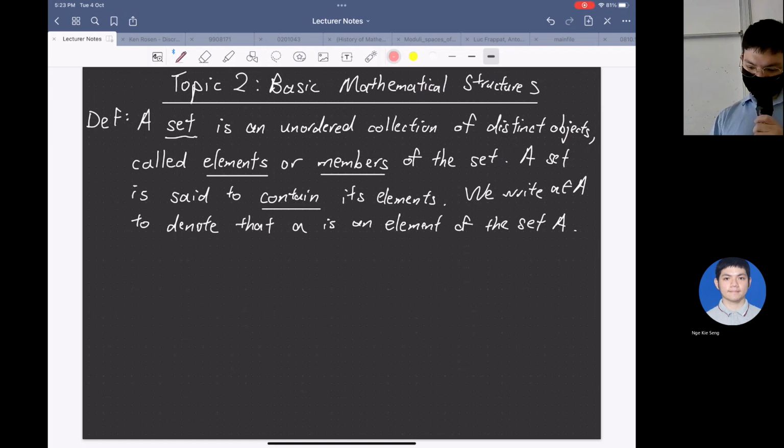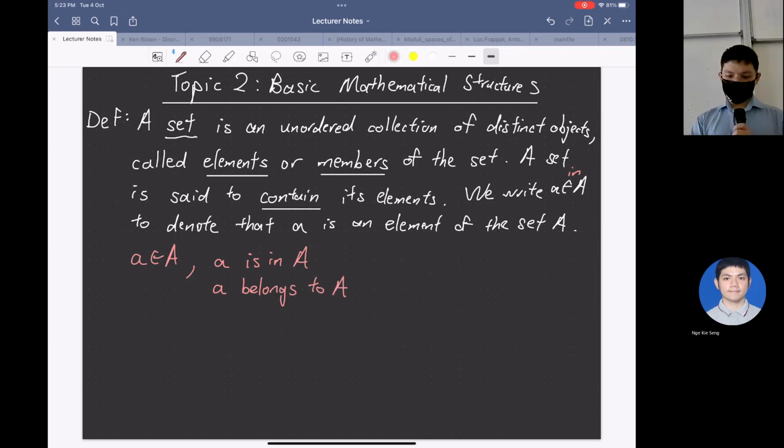So a belongs to A. And the other way around, A contains a. Here, distinct: whenever we talk about sets, we only talk about distinct elements.